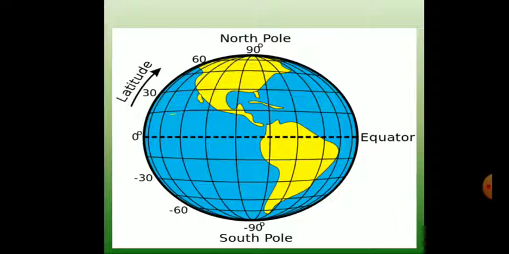These parallel lines running parallel to the equator are nothing but the parallels of latitude, which are indicated by N for north and S for south.